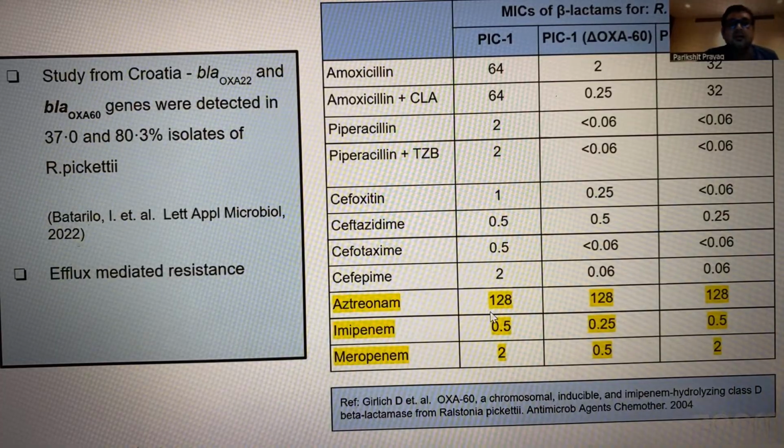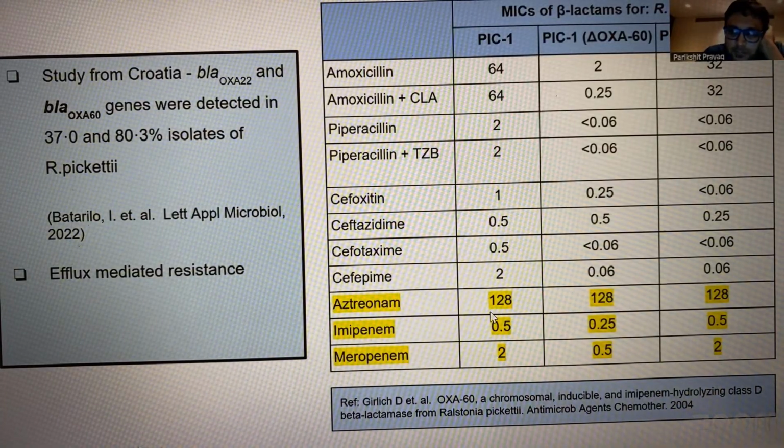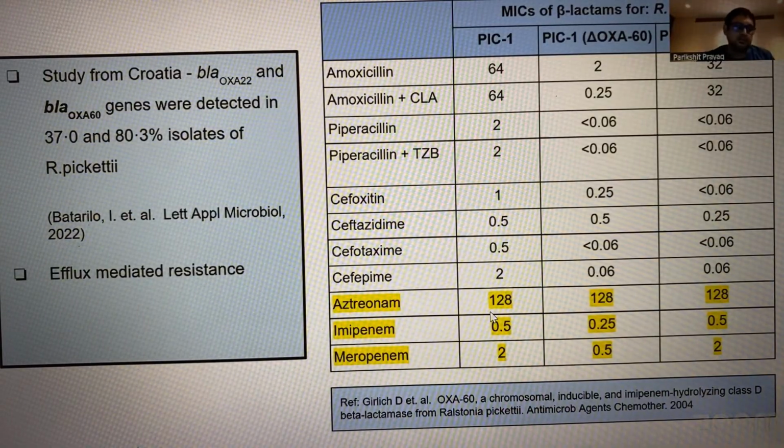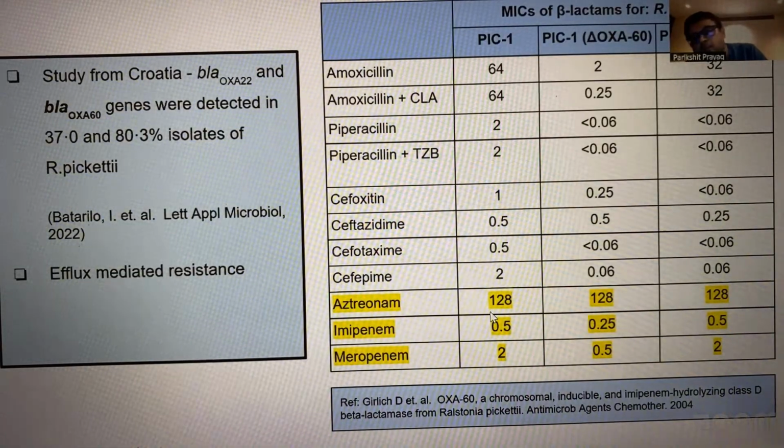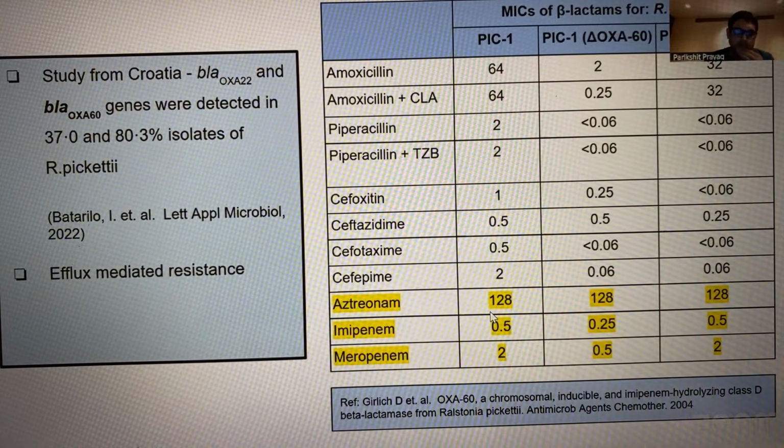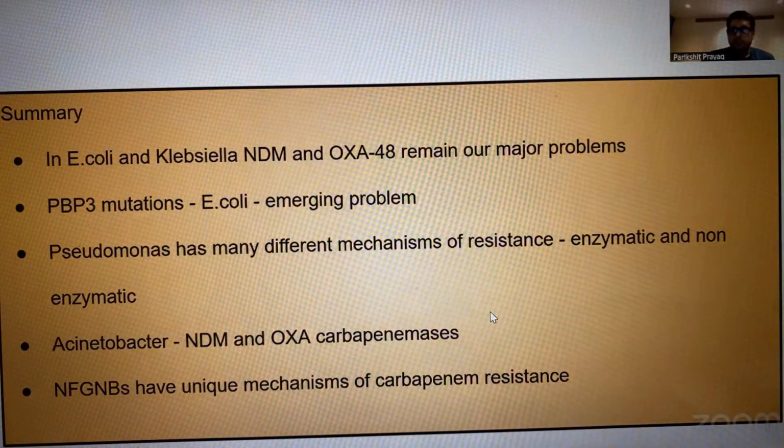So you will very rarely see a situation, at least we don't see it, wherein your Ralstonia is carbapenem susceptible. They also have a fair amount of efflux-mediated resistance. So that's why when you have these types of atypical non-fermenters, you really need to go back to the basics and think about how this resistance developed before you even tell the lab to test for synergy, or before you make empiric changes in the therapy.